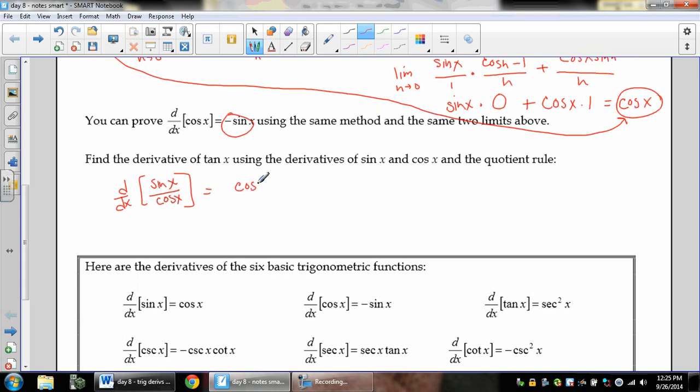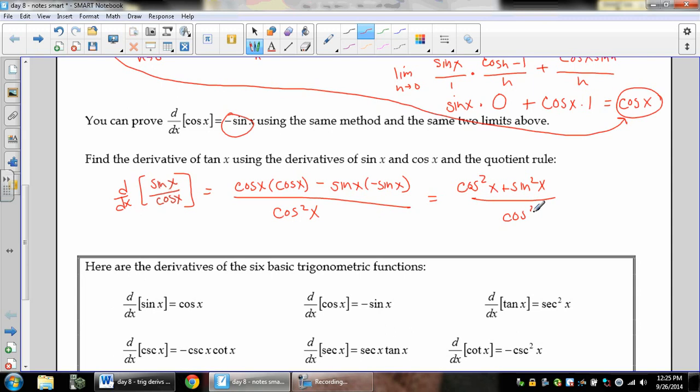Using the quotient rule, low d high minus high d low, all over low times low, I get cosine times cosine minus sine times negative sine, all over cosine squared, which gives me cosine squared plus sine squared all over cosine squared. Cosine squared plus sine squared is 1, and 1 divided by cosine squared x can be rewritten as secant squared x. So the derivative of tangent is secant squared.